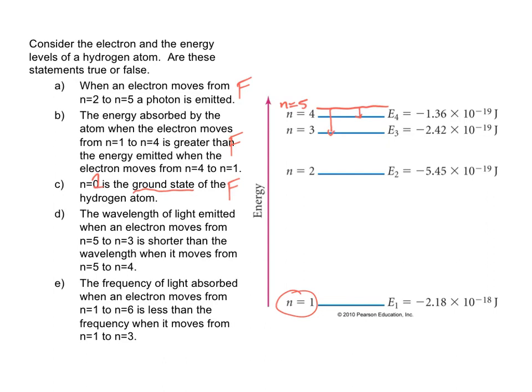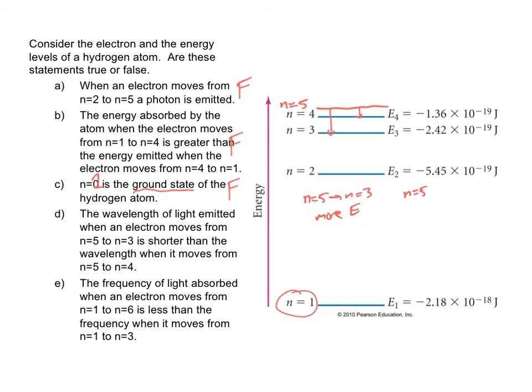All right, so I think this is going to take some evaluation here. They're asking about the wavelength, right? And what this chart is telling me about is the energy. So when I go from n is equal to 5 to n is equal to 3, that requires more energy.